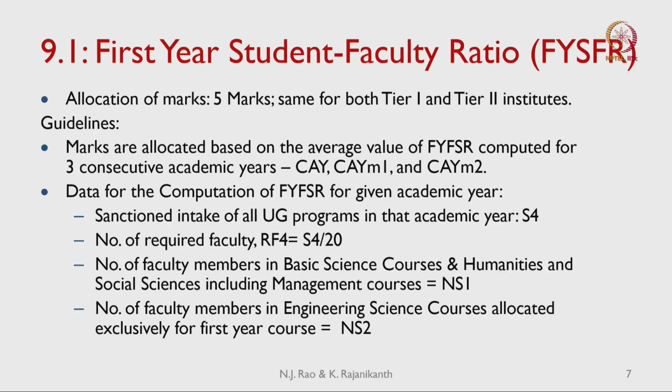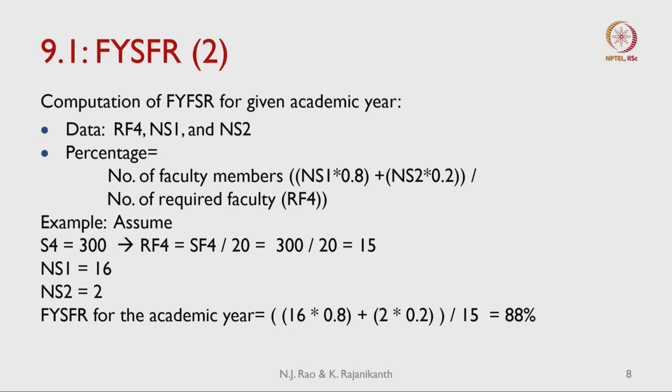Recall NS1 is the basic science courses, humanities and social sciences including management. Then NS2 is engineering science courses. So, NS1 multiplied by 0.8 plus NS2 multiplied by 0.2. This becomes the numerator and divided by the number of required faculty RF4, and this is to maintain the ratio of 1:20. Okay. So, that is how the percentage is calculated.